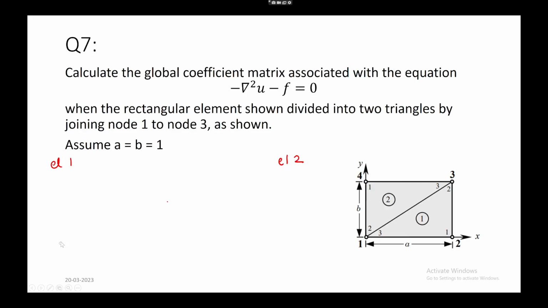This is side A, this is side B. The local numbering was this way, 1 2 3. Again here it is 1 2 3, and when it comes to global it is 1 2 3 4. Okay, so we saw that the global stiffness is, let us say, K1.